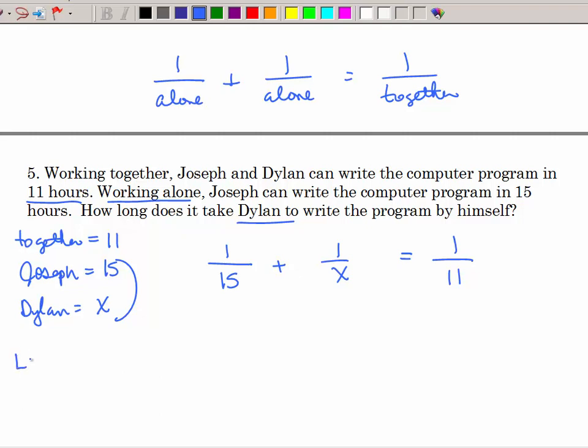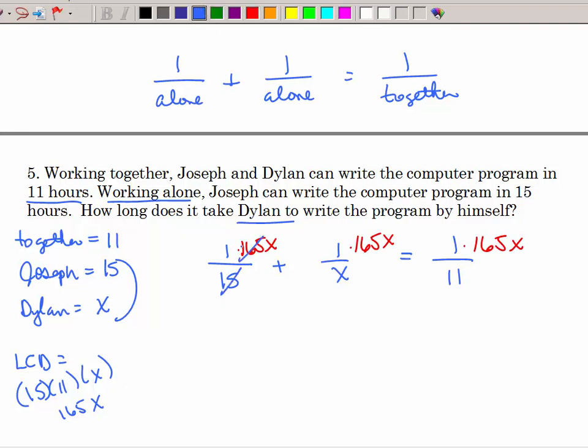So again, we find that LCD, which I believe is 15 times 11 times x. So it's 165x. So again, reducing, I know 15 goes in there 11 times, so I have 11x. Here the x is reduced, and I have that 165, and 11 goes in here 15 times.